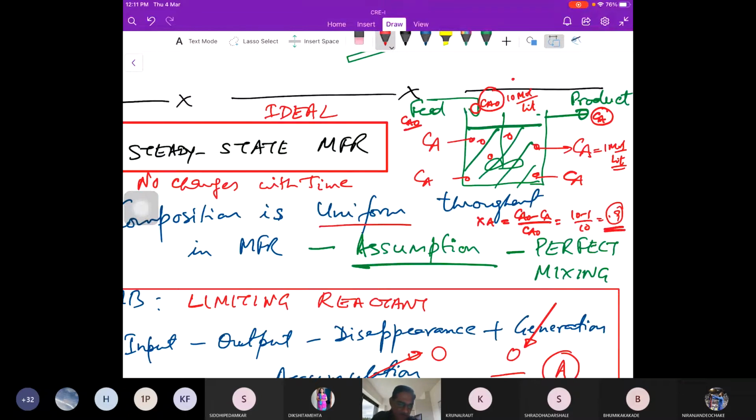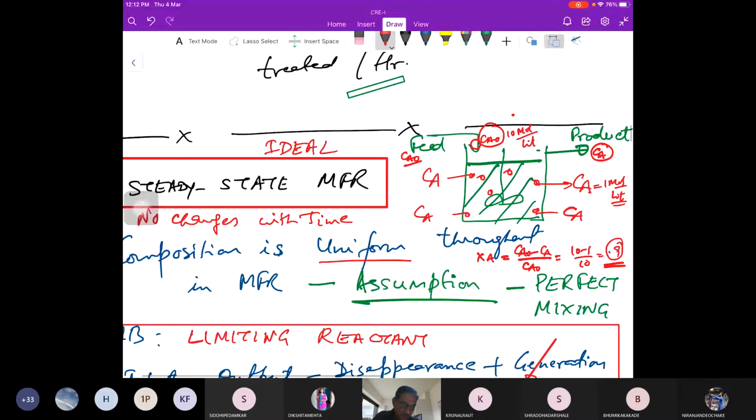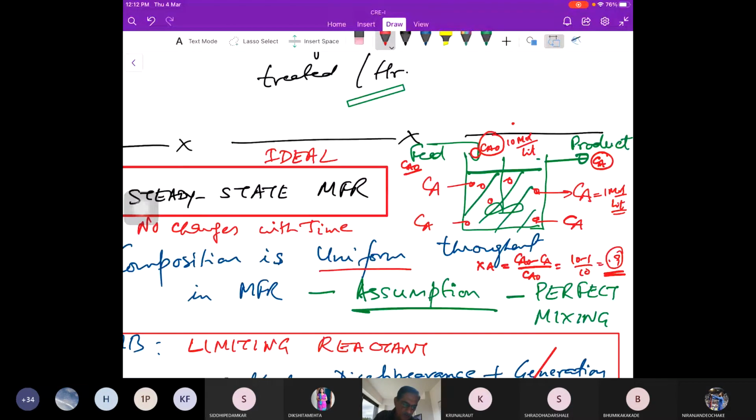So in that case, the moment the feed hits the reactor or reaction mixture, the concentration reduces to Ca. So what will happen to the reaction rate? What is the reaction rate? Any order can be 1, 2, 3, doesn't really matter, 1 or 2, 1.5. So the moment it mixes in the reaction mixture, what will happen to the rate?